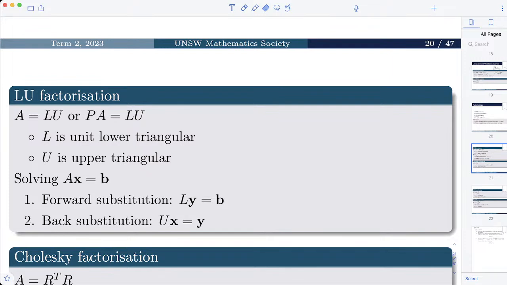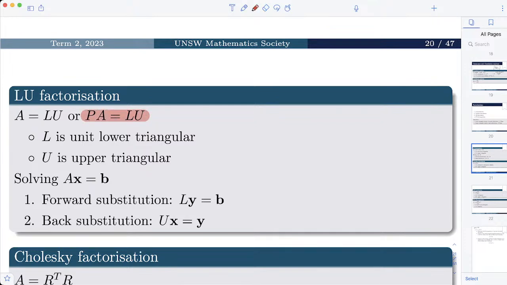That's because what our permutation matrix does, remember, is swap the rows of A. And when you think about how you solve a linear system using Gaussian elimination, it's sometimes a lot easier when you swap the rows.